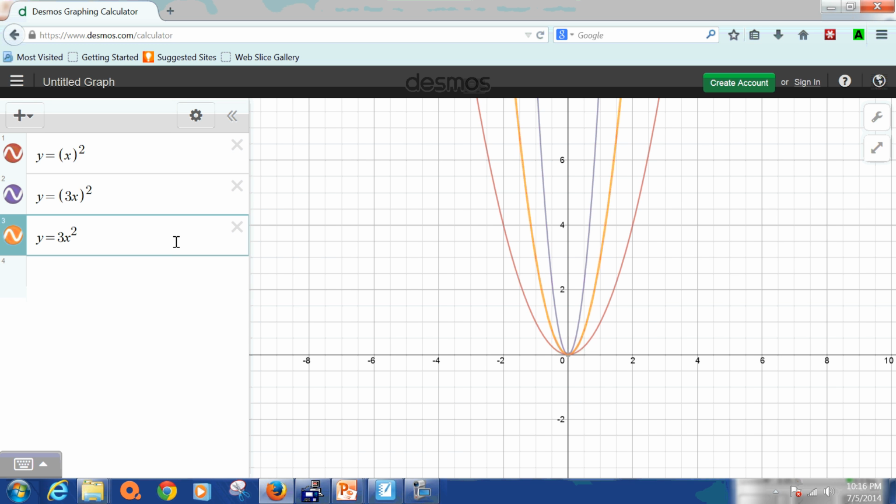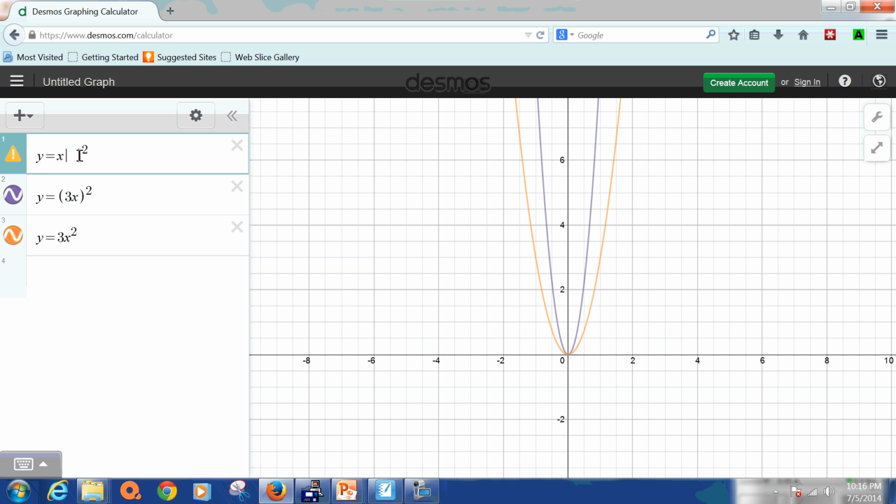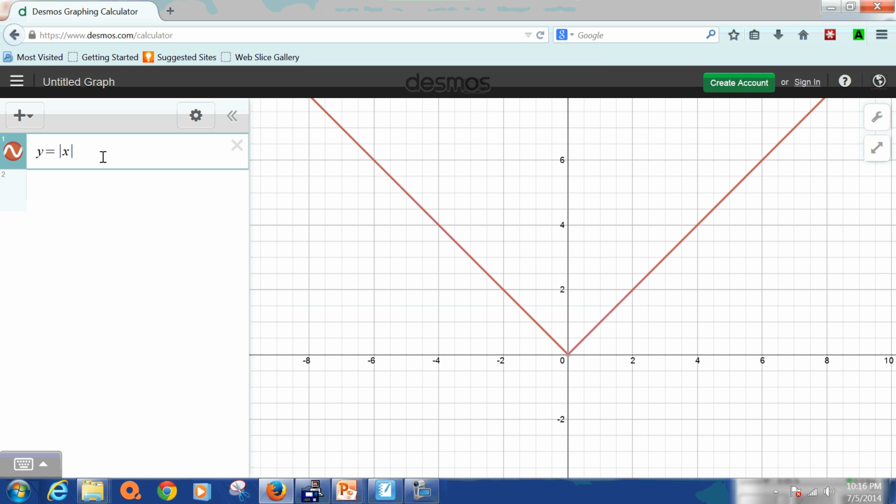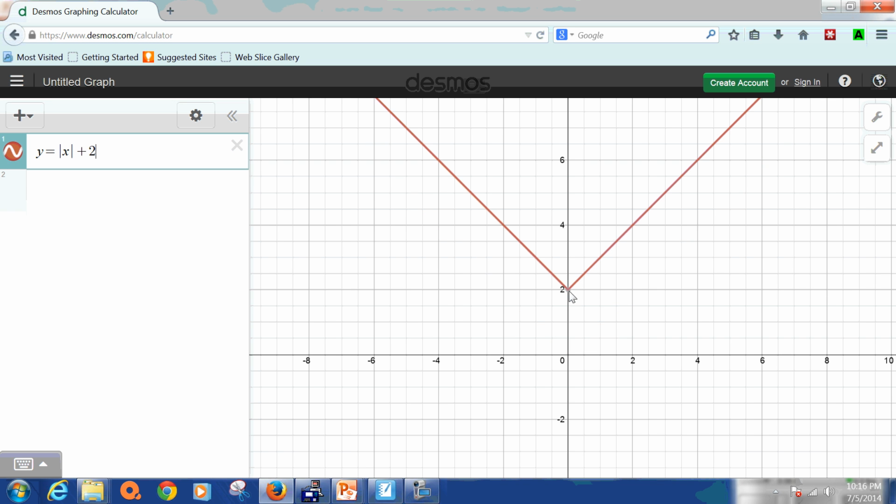And this is the same for absolute value. So if I want to look at my absolute value function, which looks like a v, on my calculator, there we go, and I want to move it up to where that v is maybe floating around over here by the 2, then on the outside I need to say +2.